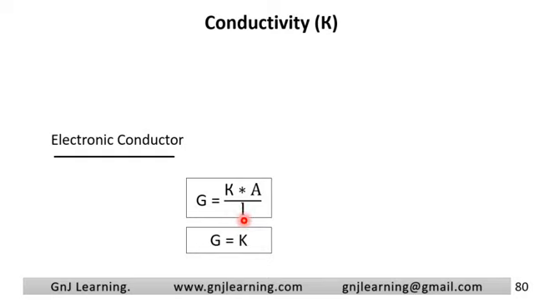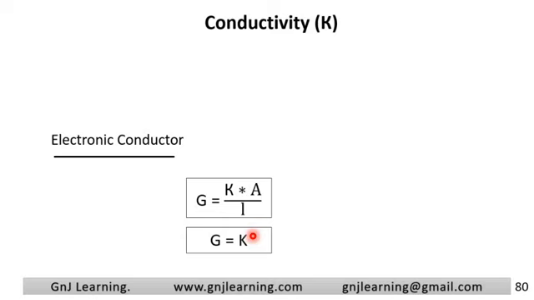So G is equal to conductivity. Conductivity is defined as the conductance of an electronic conductor whose area of cross section is unity and length is also unity. In this way you can compare the conductivity of different materials to evaluate their relative conductivity.